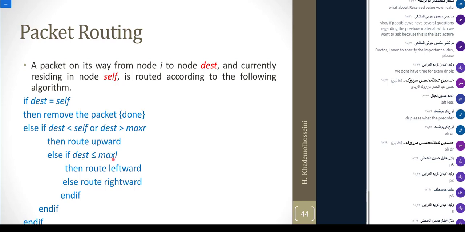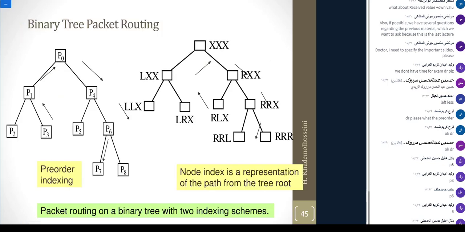This is correct. Dest is 1, max L is 5, then we route leftward. What does it mean? It means that we must go left.